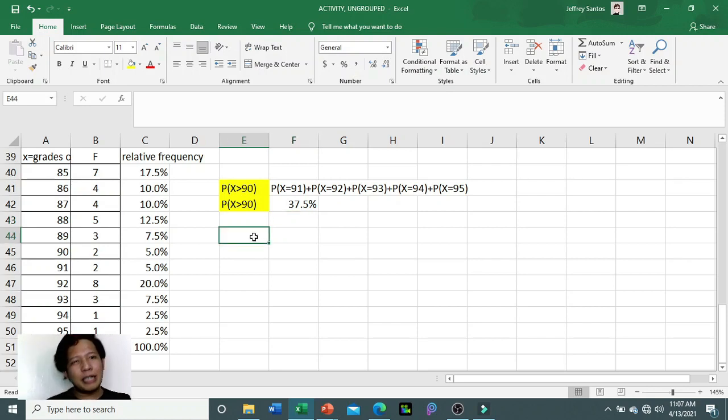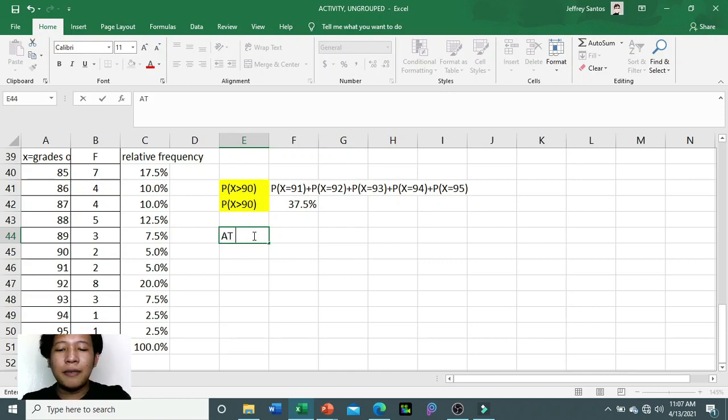Okay? So let's say, for example, again, we are getting the probability of getting a student, or getting students to which his or her grade is, let's say, for example, again, the probability of getting students with at most 87 na grade.